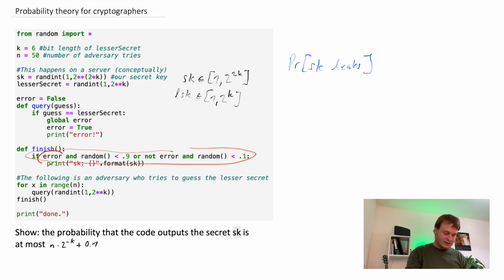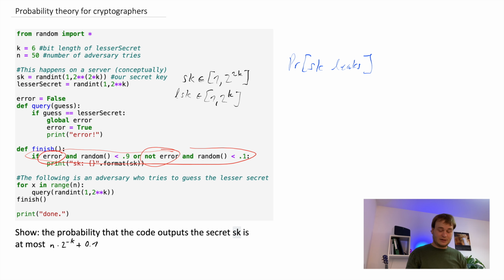It seems to be conditioned on whether or not an error occurs. Okay, so let's make it easier for us and do a first step: look at this probability in two cases, a case distinction. We look at the probability that the secret key leaks in case an error occurs, and the probability that the secret key leaks in case no error occurs.